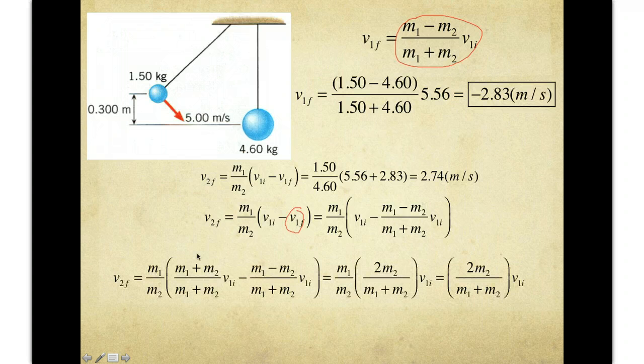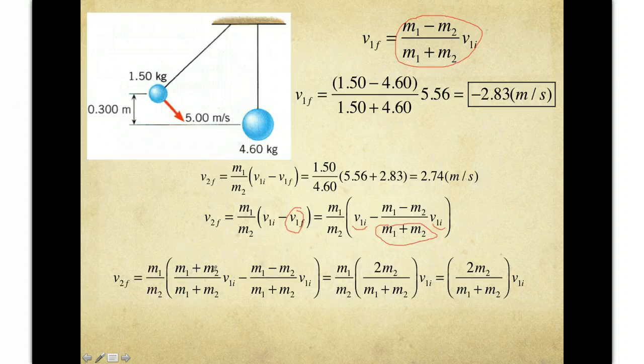Then I'm looking inside this formula. It has the denominator, that's the same variable right here. So in order to subtract the fraction from a whole number, I need to put them to the same denominator. So I just multiply V1 initial by M1.